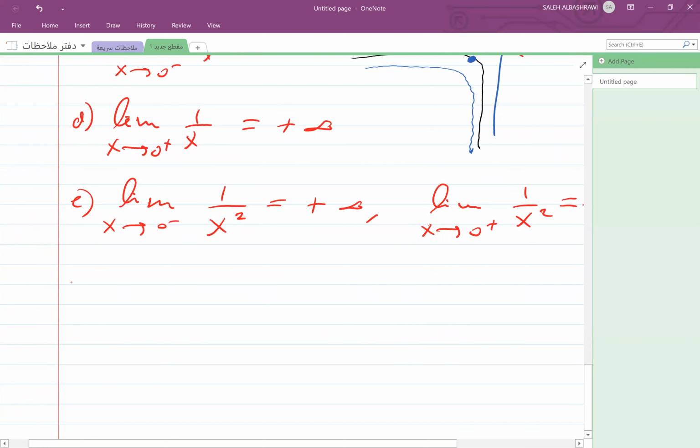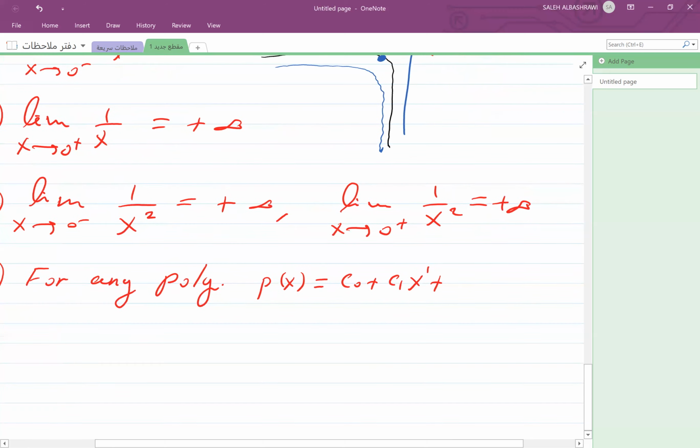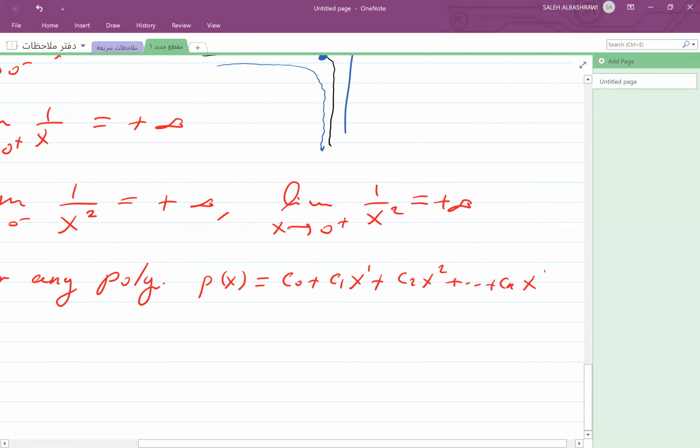And one more. For any polynomial p of x, for example, p of x is equal to c0 plus c1 x to the power 1 plus c2 x squared, up to plus cn x to the power n.